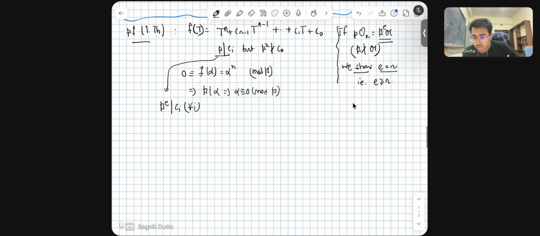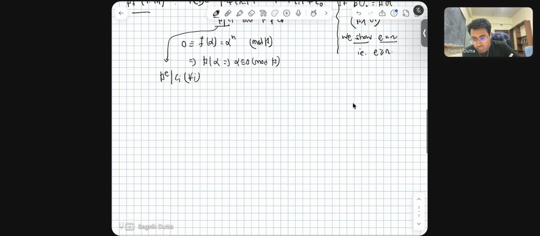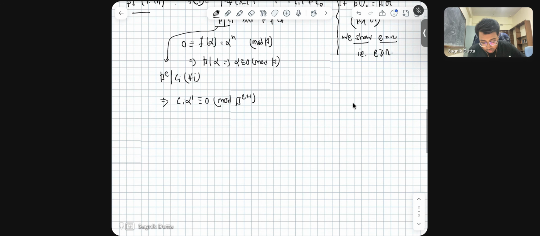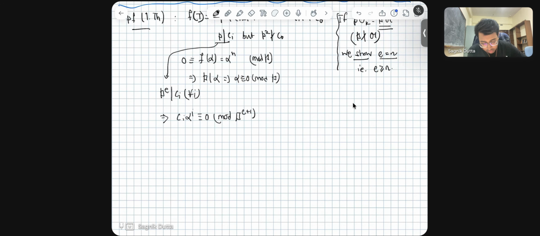So you can write that Ci alpha to the i is congruent to 0 mod mathfrak P to the E plus 1, because each Ci is divisible by P to the E, and also alpha is divisible by P. So as a total, there is at least one factor coming from this alpha to the i, for whatever i it is, because i is at least 1.